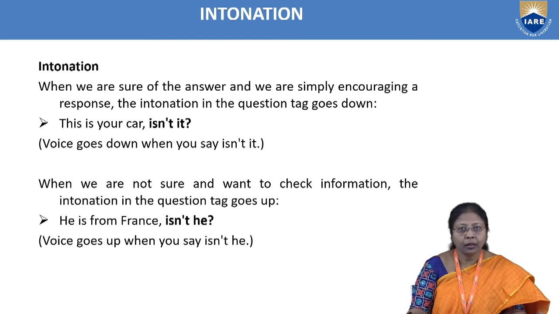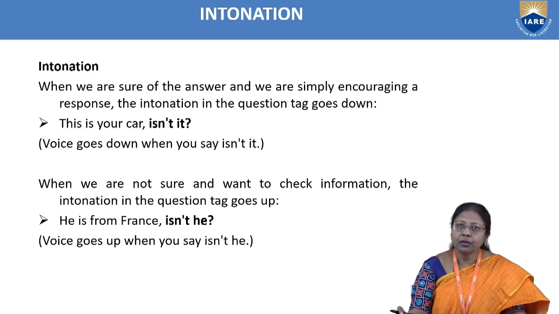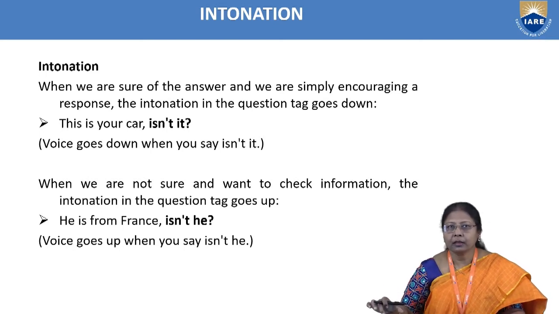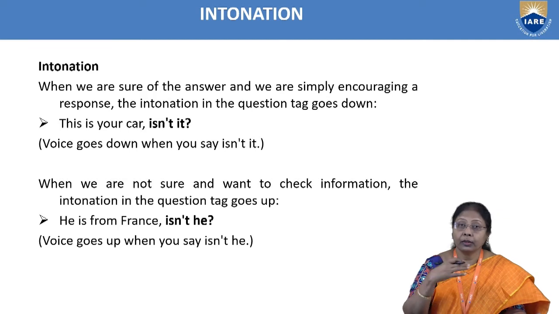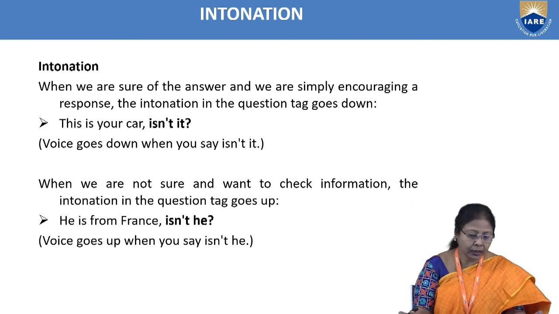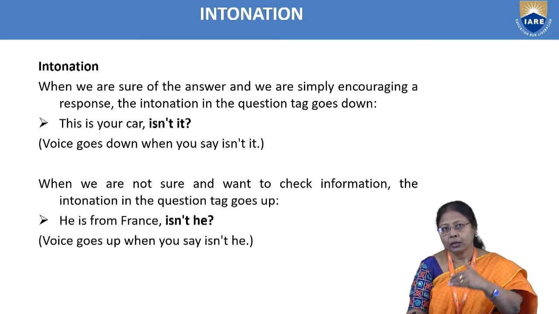See here, say, this is your car, isn't it? Have I raised my voice? No. This is your car, isn't it? So, the voice went down. Then sometimes we need to raise our voice. When we are sure about something, the voice goes down.